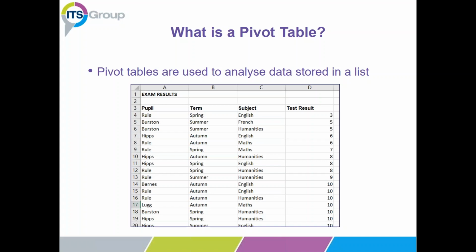Then when you come to analyse that data that's stored in a list, you find that you're showing and hiding columns, inserting rows and subtotals, taking them out, filtering data endlessly, lots of manual calculations that you put in there just to get you that bit of information that you need. The idea of a pivot means that you can quickly rearrange the data to analyse it from different angles.